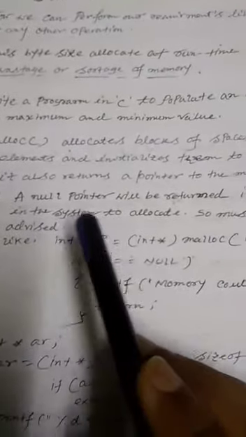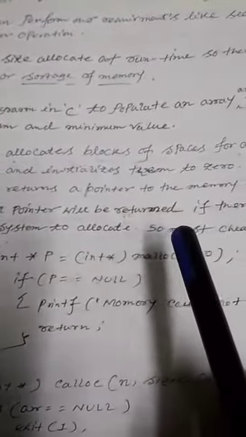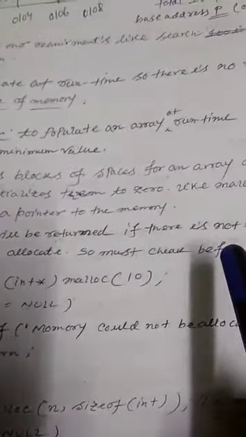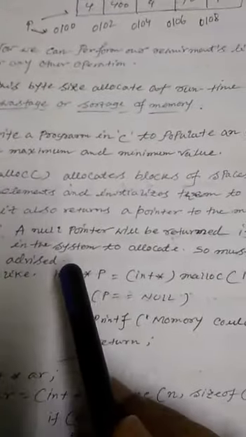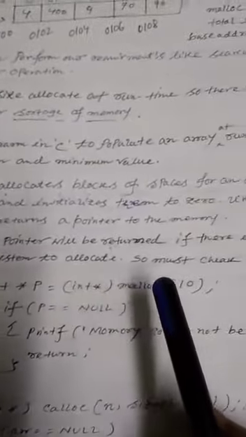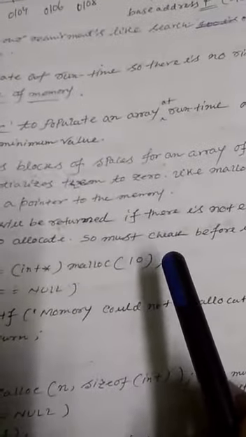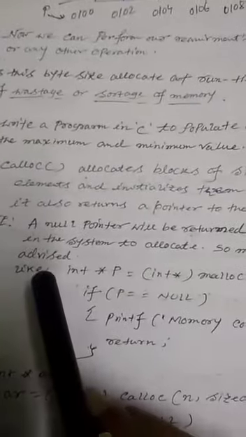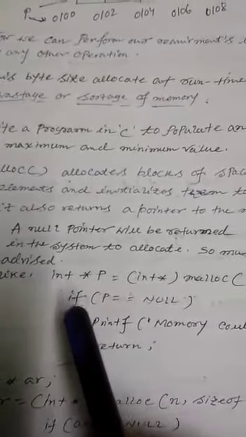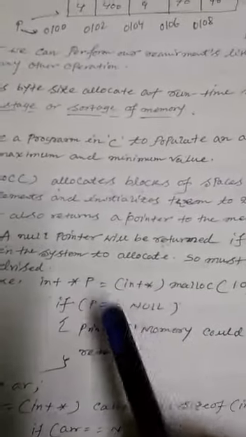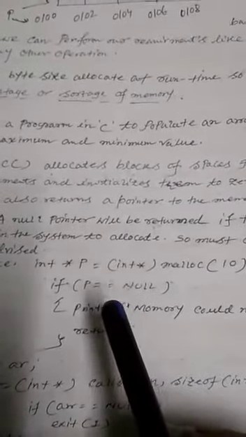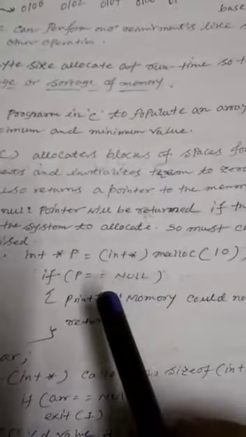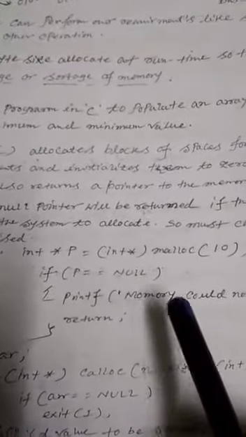Note, a null pointer will be returned if there is not enough space in the system to allocate. So we must check before using it, that has been advised. That means whenever we are going to allocate a block of space, it is advised to always check whether space is available or not.